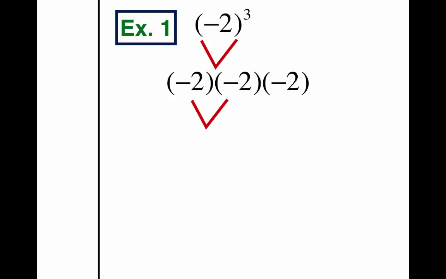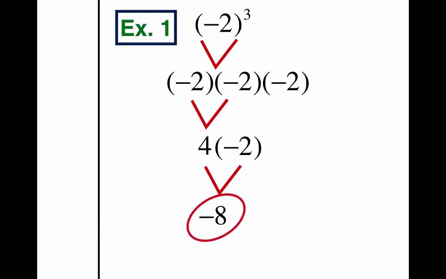But remember the match.com rule? A negative and a negative is a match. That's a good thing. That's a positive 4. And then we're going to bring down the third negative 2 and multiply it. This is not a match. This is a positive and a negative. This is not good. This is going to be a negative 8. So our solution is negative 8. Negative 2 to the third power is negative 8.